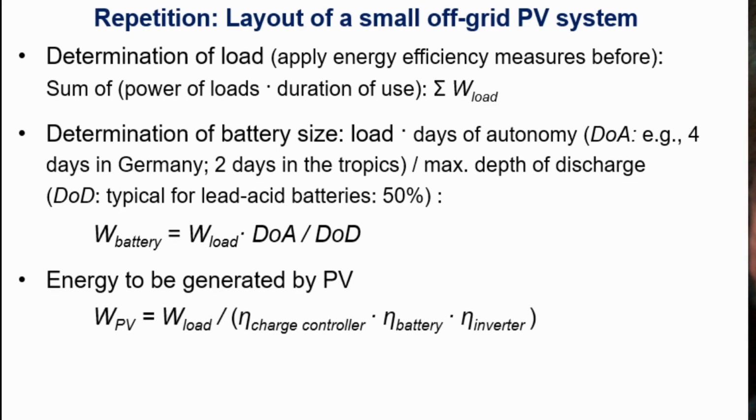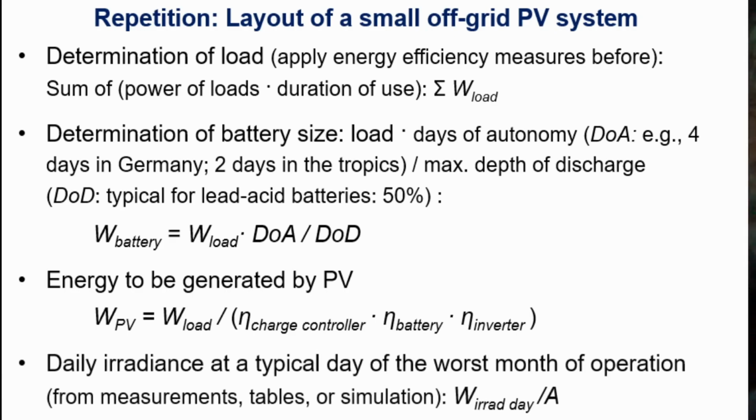This we also calculated. And then we go to the daily irradiance at a typical day of the worst month of operation, because the system has to operate the full year and you don't have seasonal storage. Otherwise you would need very big batteries if you want to store the energy from December to June, which is the lowest irradiance of the worst day.